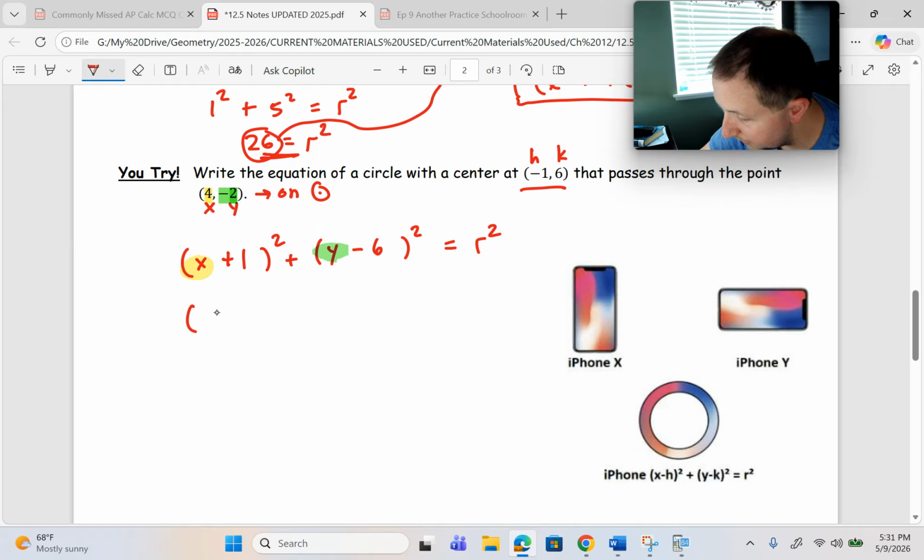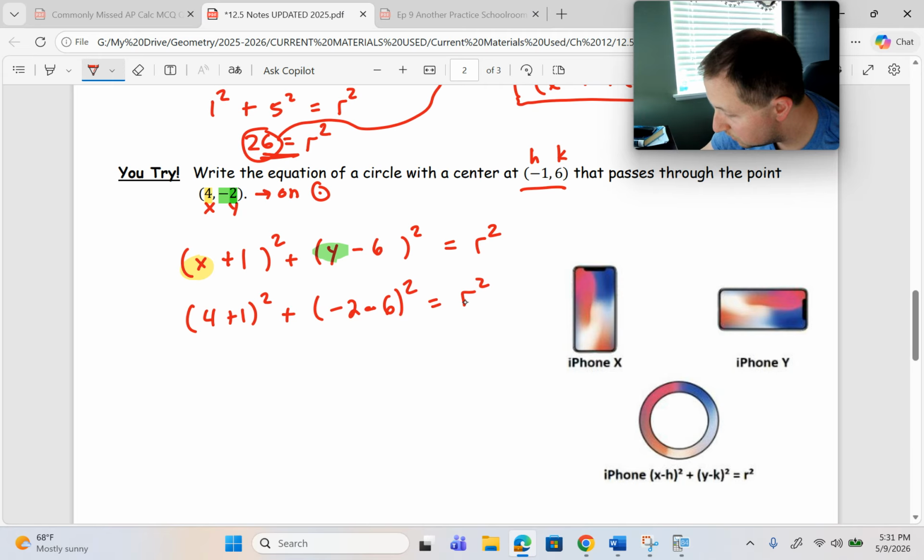Okay, so we get 4 plus 1 squared plus y, which is negative 2 minus 6 squared, equals r squared. And we get 5 squared plus negative 2 minus 6, which is negative 8 squared.